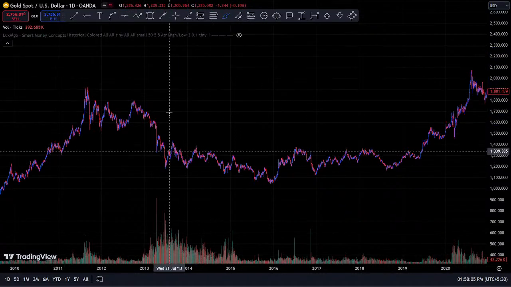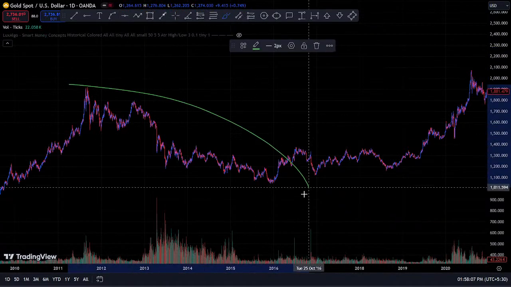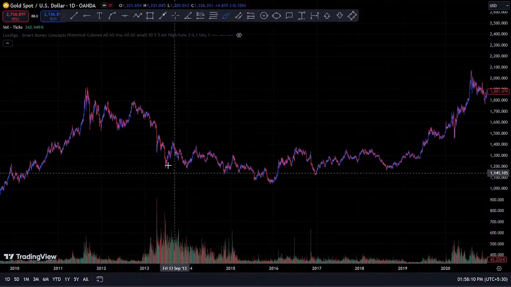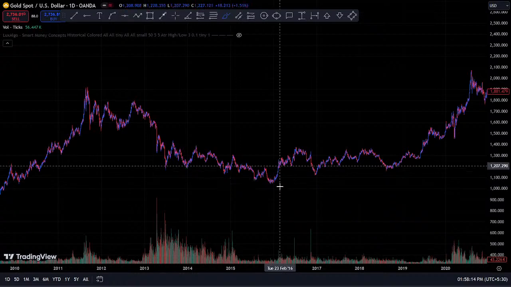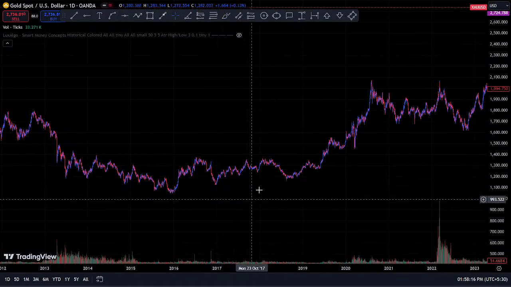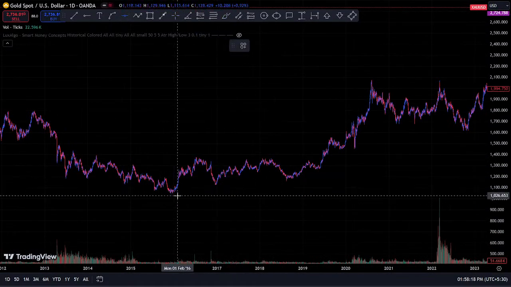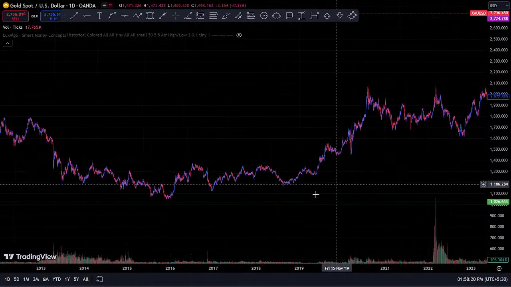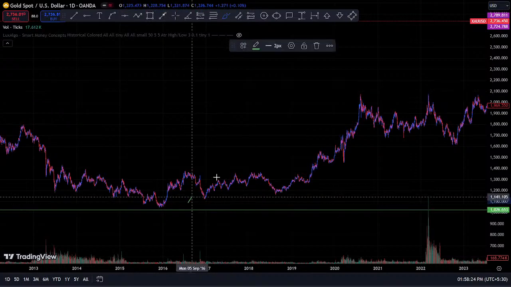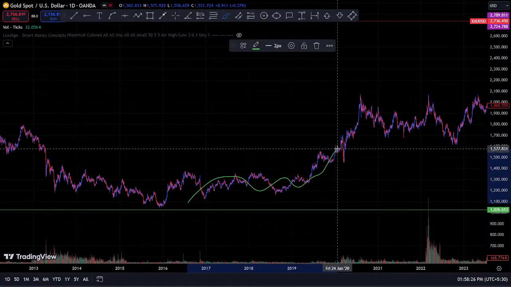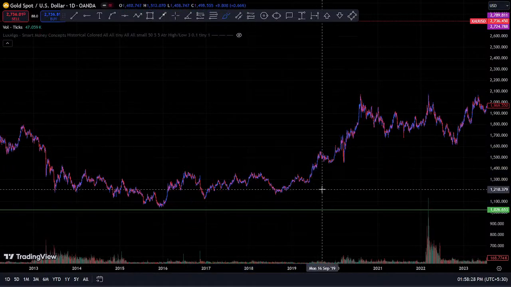They are only interested in selling. As a result, the price eventually came all the way towards the bottom, which is nearly around $1,000. Let's imagine this.